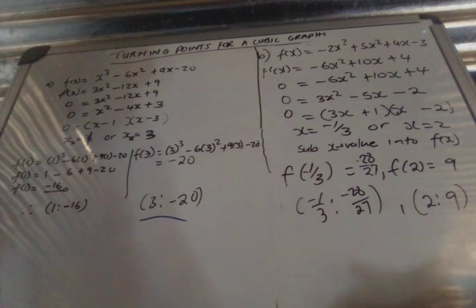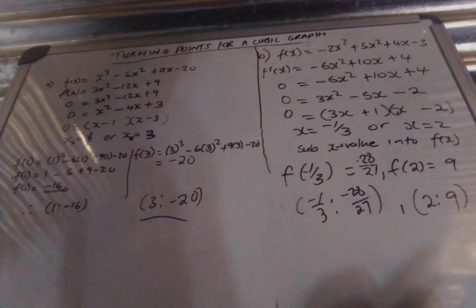The next step would be to take the first derivative and equate it to 0, so we'll have 0 equals negative 6x squared plus 10x plus 4. There is a common factor of negative 2, so divide everything by negative 2, and we remain with 3x squared minus 5x minus 2.